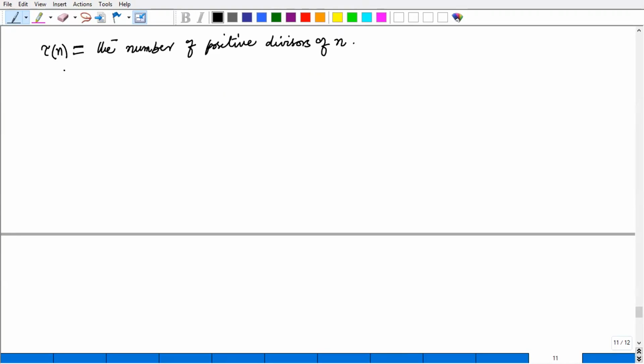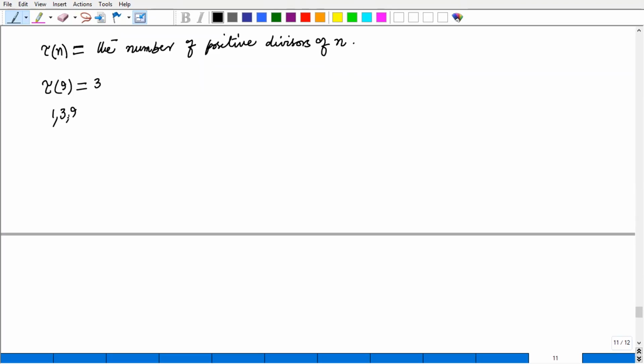Okay. For example, if we consider tau(9), the number of positive divisors of 9: 1 is a divisor of 9, 3 is also a divisor of 9, and 9 itself. So there are 3 divisors of 9, so tau(9) is 3.